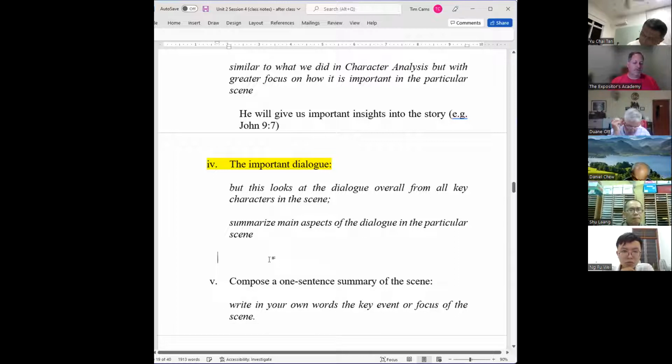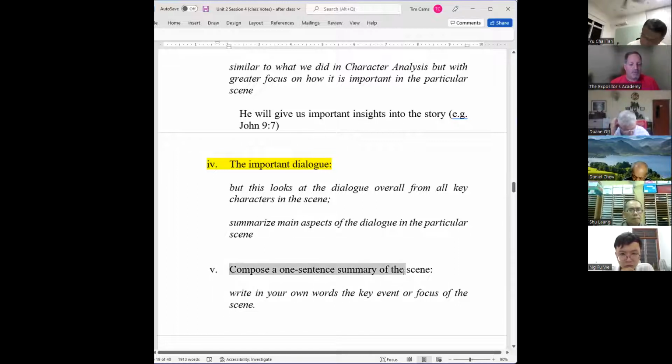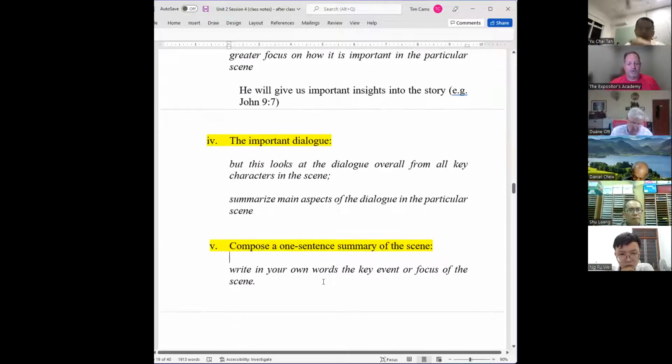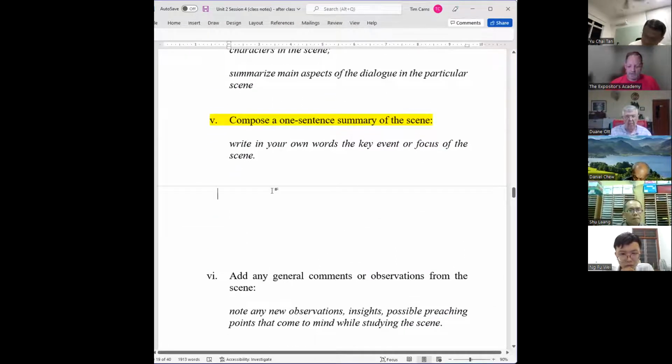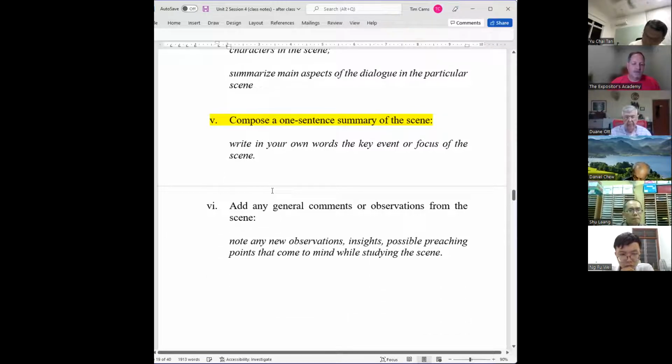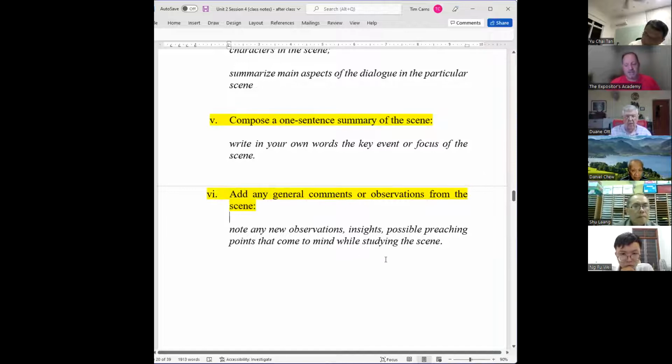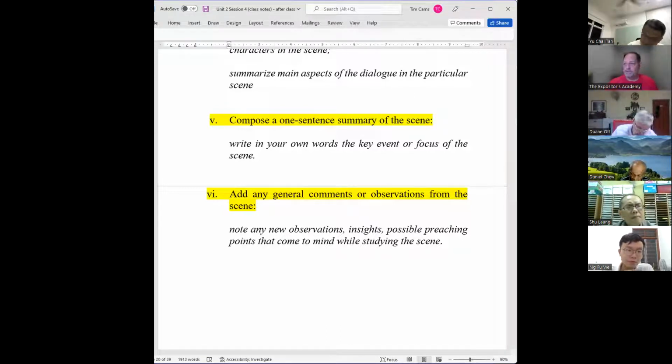Then we want to come up with a one-sentence summary of the scene, describing the scene, writing in your own words the key event or the focus of the scene. And then I put down a sixth thing: sometimes as you're going through the scene, something may stick out to you that you hadn't noticed before, or may seem important to the scene. Note those things, write them down.